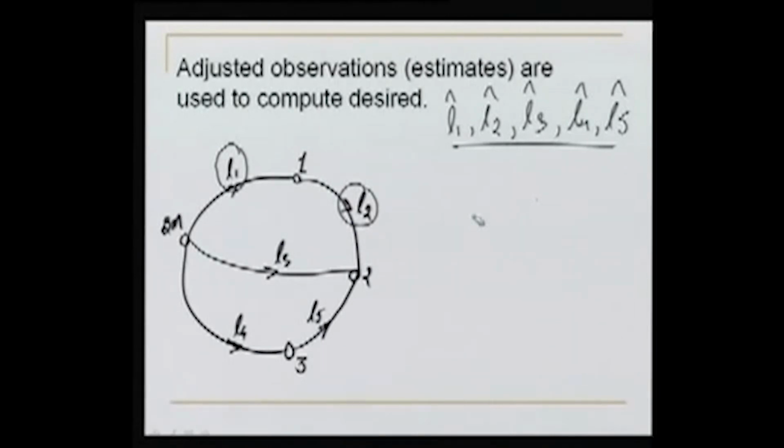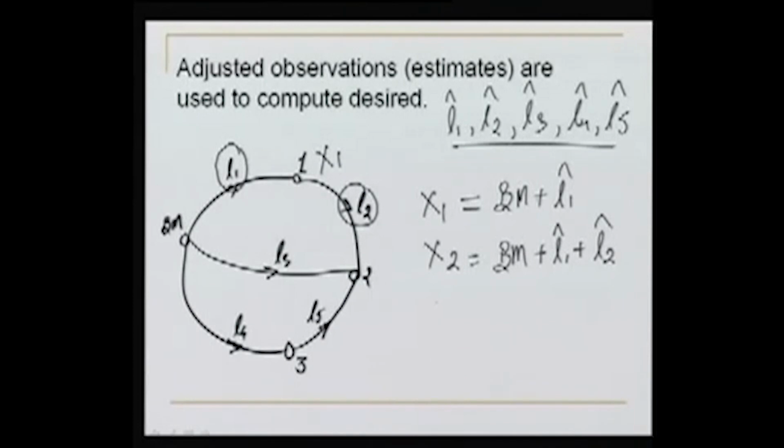Once we know the estimates, we can find the value of the desired quantity. So what is the desired quantity? For example, x1. x1 is the RL of this point. This is benchmark plus L1 hat. Similarly, x2 could be benchmark plus L1 hat plus L2 hat. And x2 can also be written as RL of benchmark plus L3 hat.